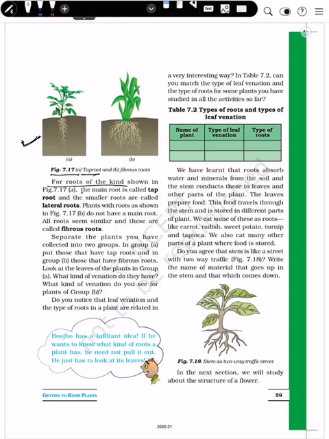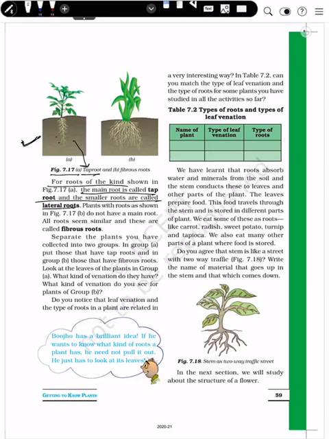The main root here is called the taproot, and the smaller roots growing along with the main root are called the lateral roots. So this is the taproot, and the smaller side roots are called the lateral roots.